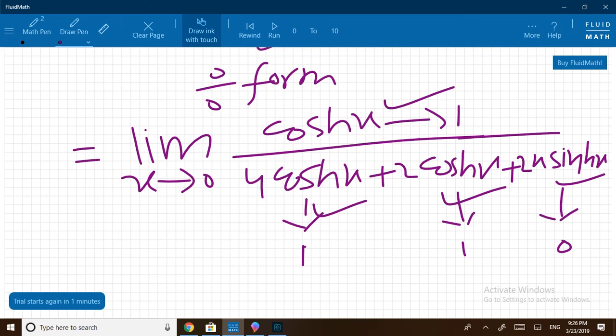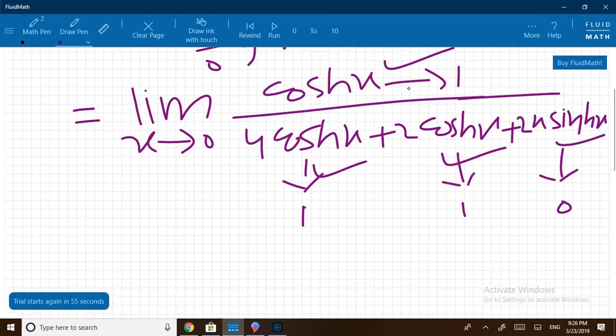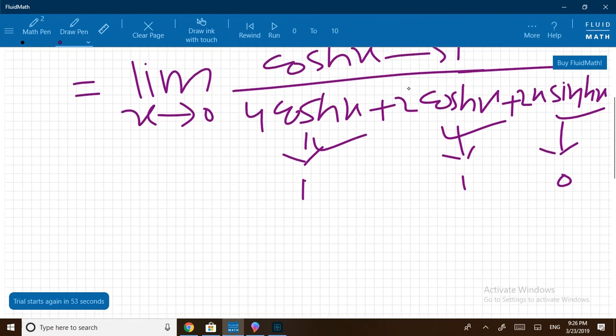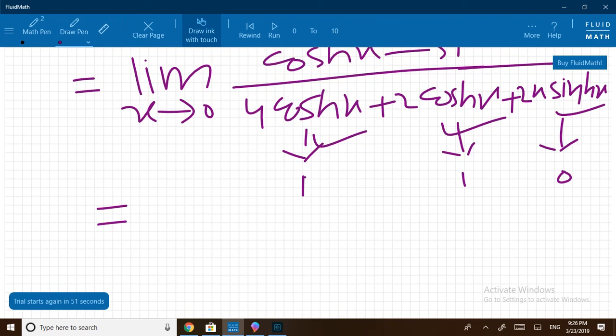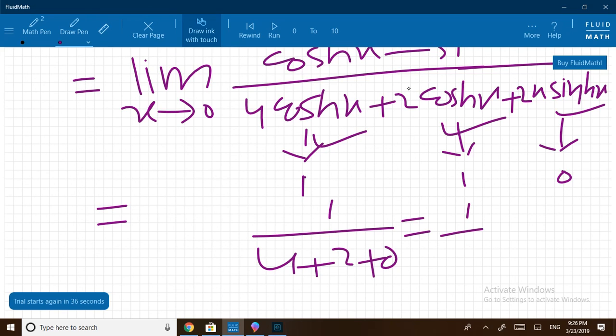So it is not in indeterminate form. It is not 0 divided by 0 form. Therefore, after applying the limit, in the numerator we get 1 and in the denominator we get 4 plus 2 plus 0, which is equal to 1 divided by 6.